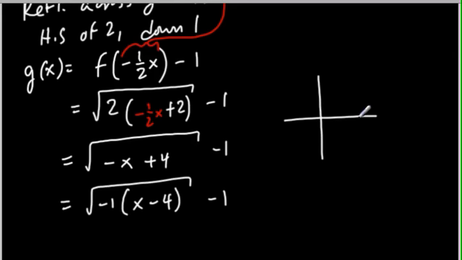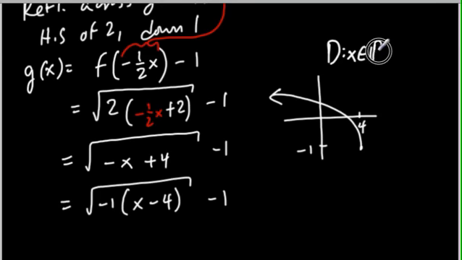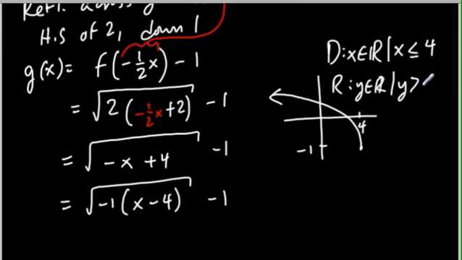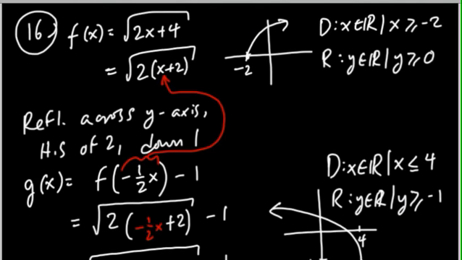It's to the right 4, so those go. And then negative 1, so there we go. So basically it would look like that. So the domain is x's element of reals, x is less than or equal to 4. The range is y is element of reals, and y is greater than or equal to negative 1. Alright, so that is number 16.